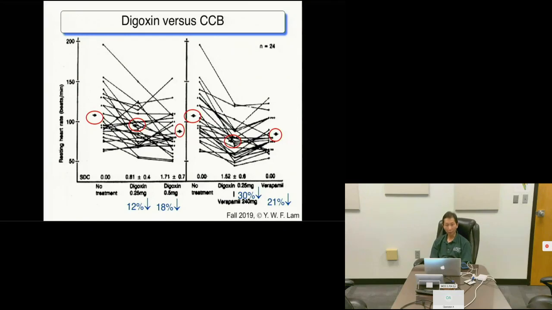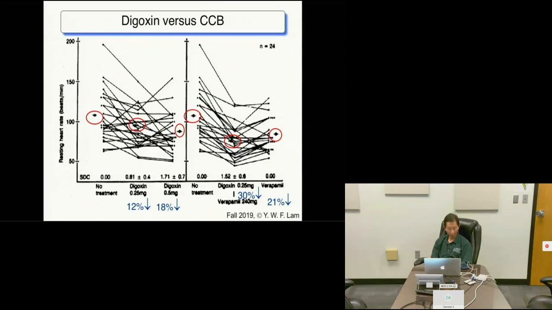On the other hand, if you move to the right-hand side, again, no pharmacological treatment, placebo essentially, you're looking at about 110, 111 beats per minute. But if we now combine digoxin 0.25 milligram with verapamil, which again has a direct depressing effect on the atrioventricular node, you can see that now the mean ventricular response rate is reduced by about 30% with the combination of digoxin and verapamil.